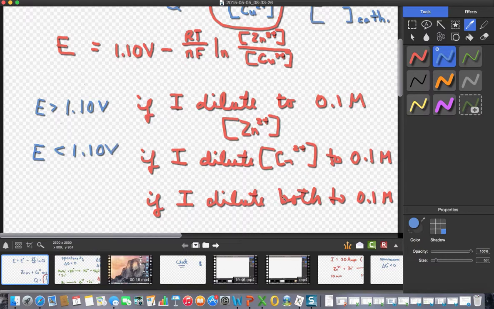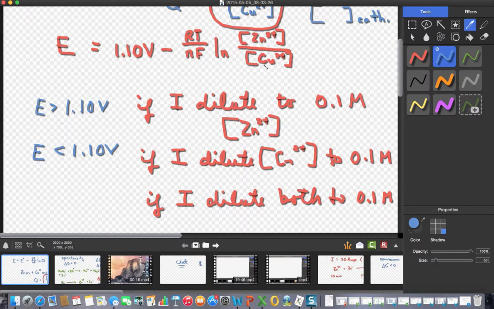I can accomplish the same thing by concentrating zinc. So rather than 1 and 0.1, let's say it's 2 and 1. The natural log of 2 is going to be a positive number. I'm subtracting a positive number from 1.10. E will be less than 1.10 volts.